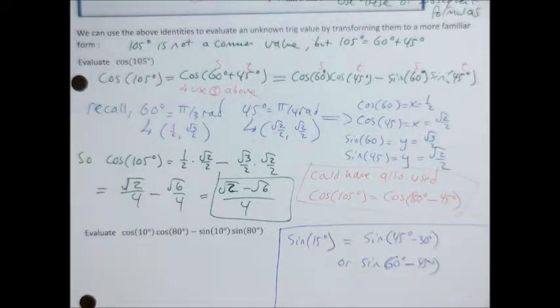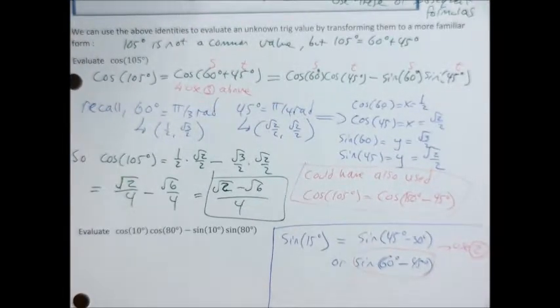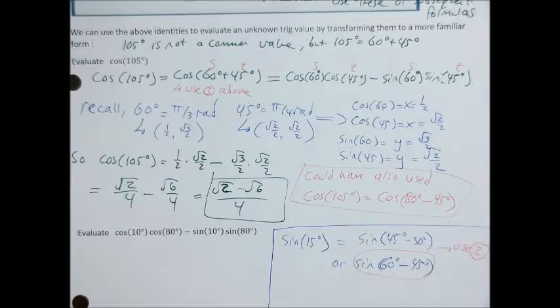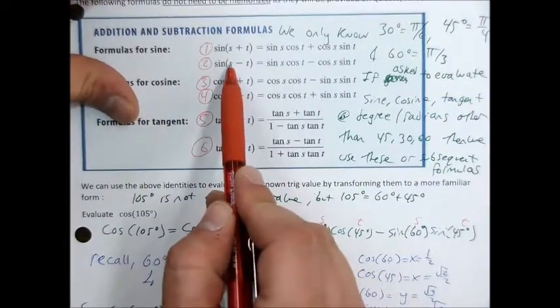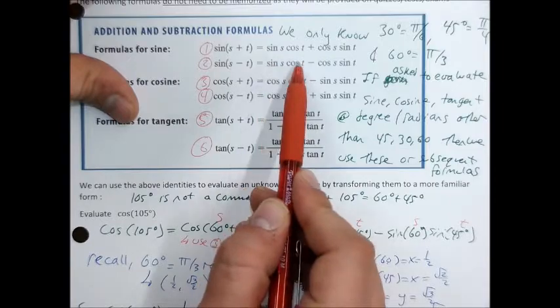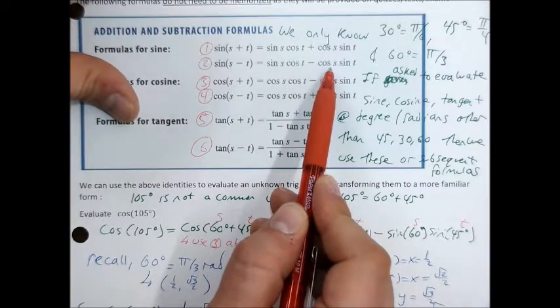Okay, so let's pick one of those. Since this one's closest, let's think about that one. Both of those would work. In both of these, you'd use number 2, right? Because number 2 tells us what to do when we have signs that are being subtracted. And number 2 says when you have those things being subtracted, you do sine s cosine t minus cosine s sine t.